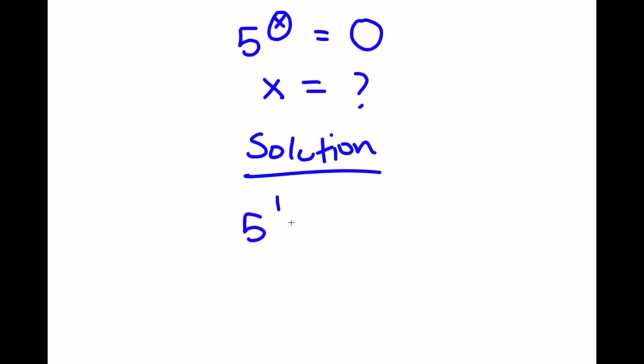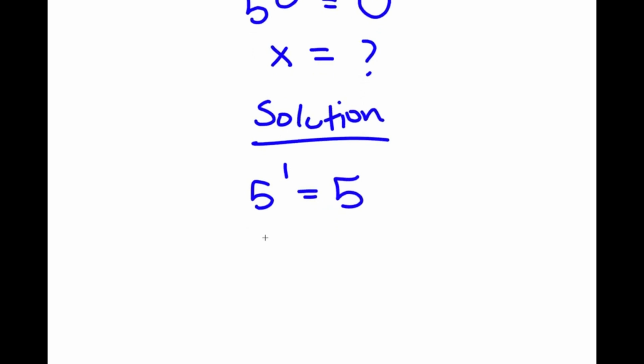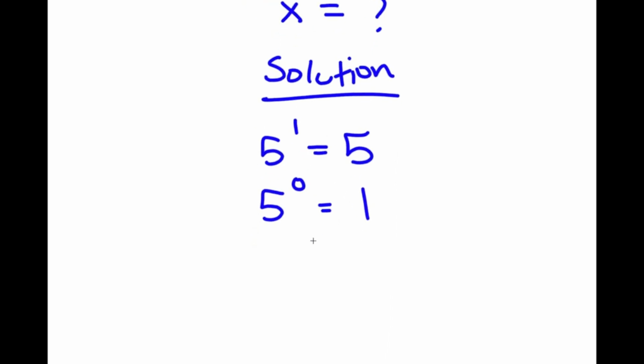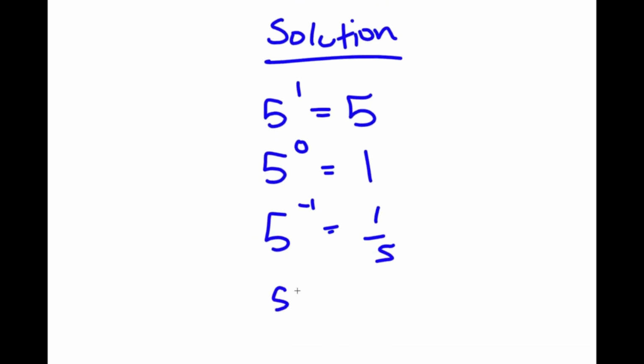If I have 5 to the power of 1, for example, this is equal to 5, right? If I have 5 to the power of, let's do 1 less than 1, 0. Well, any number to the power of 0 is 1. If I have 5 to the power of negative 1, this is going to be 1/5. If I have 5 to the power of negative 2, this is going to be 1 over 25.